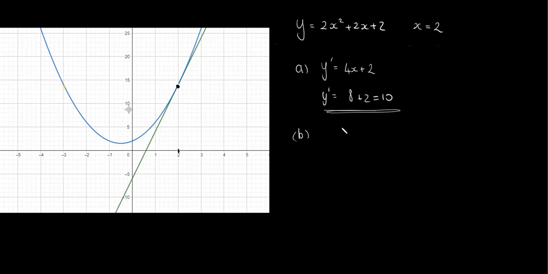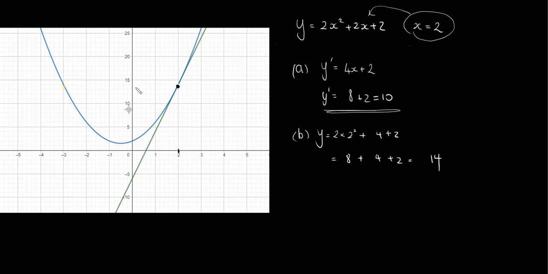Now the second question is, what is the y coordinate? We can simply plug in x equals 2 into the original quadratic equation. So we plug that in here, then we get y equals 2 times 2 squared plus 4 plus 2, so that gives us 8 plus 4 plus 2, so that gives us 14.